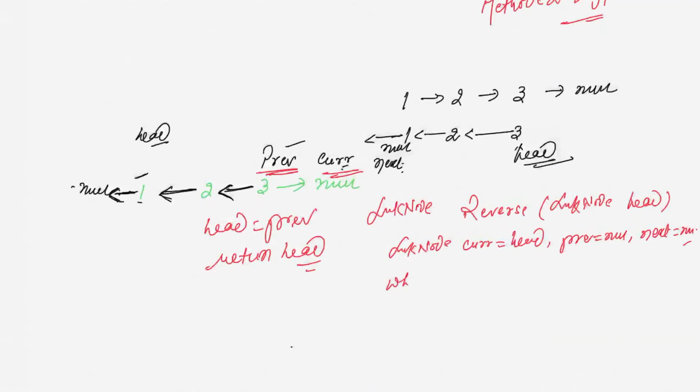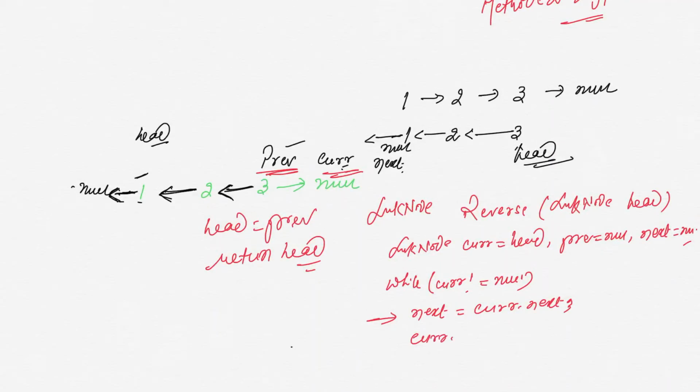We are going to write a while loop, the condition should be current is not null. The next pointer, we are going to track this next pointer, current dot next.